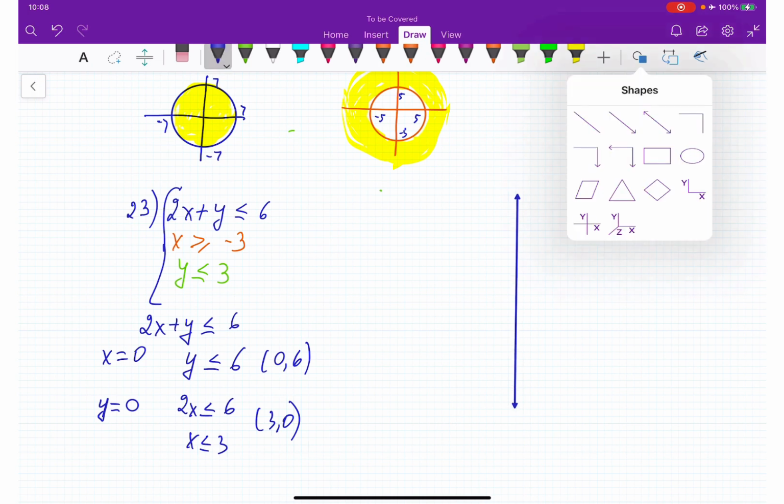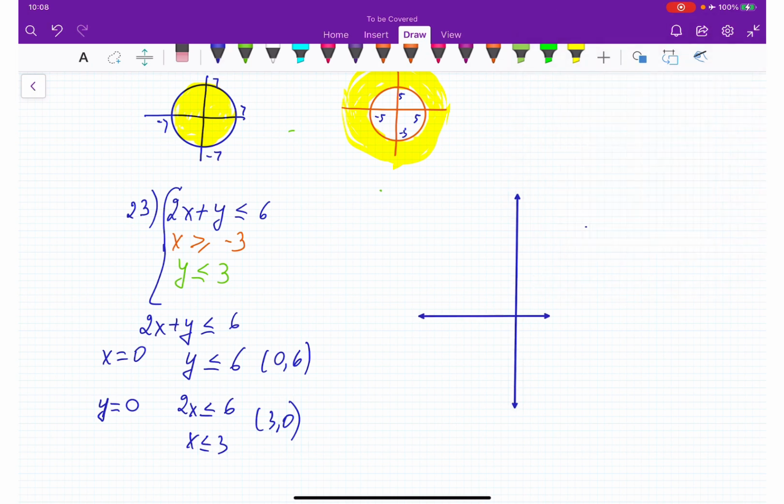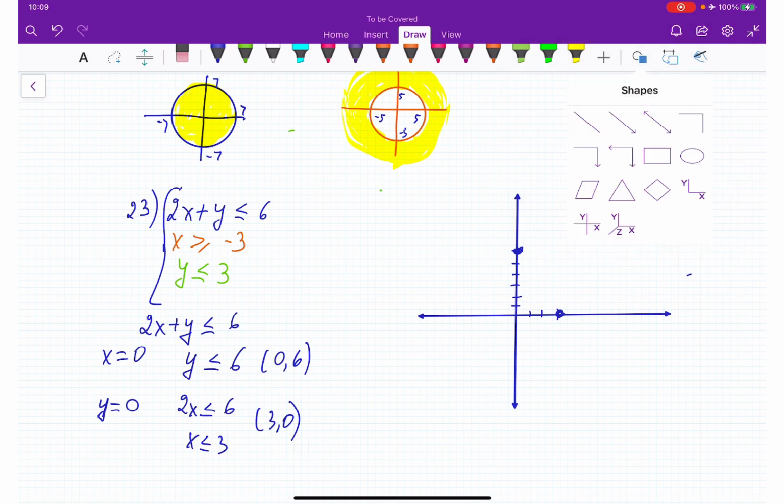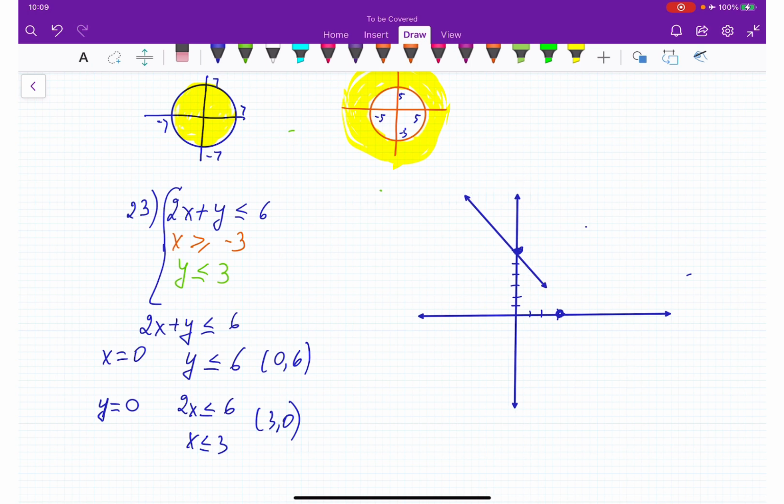So this one. All right. 0, 6, 1, 2, 3, 4, 5, 6. And we have 3, 0, 1, 2, 3. So the graph is going to go like this. Okay.